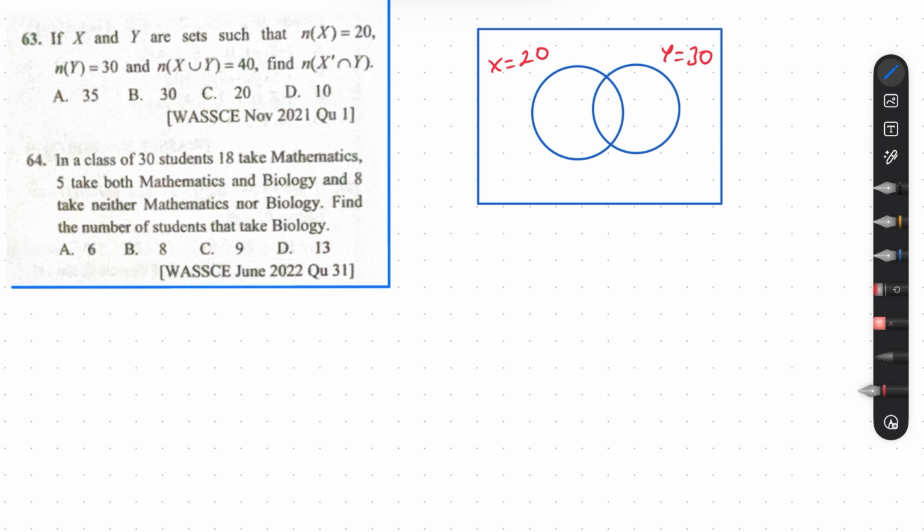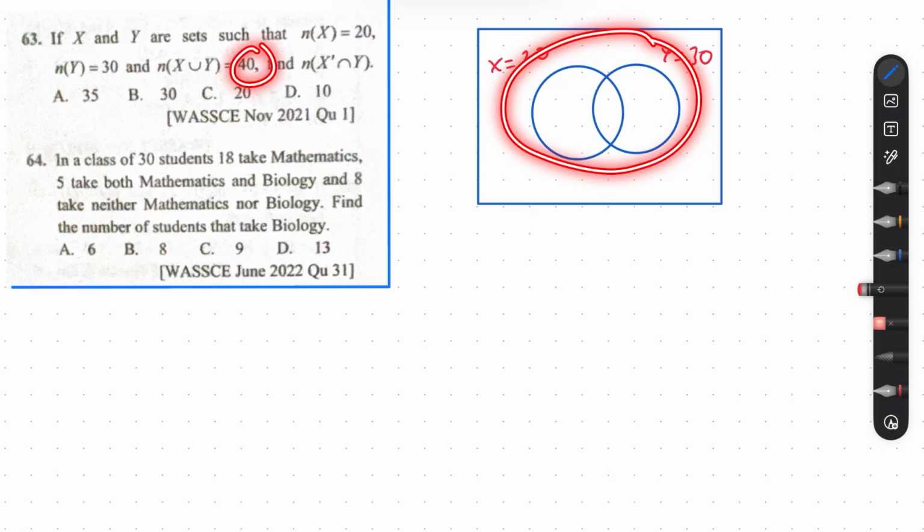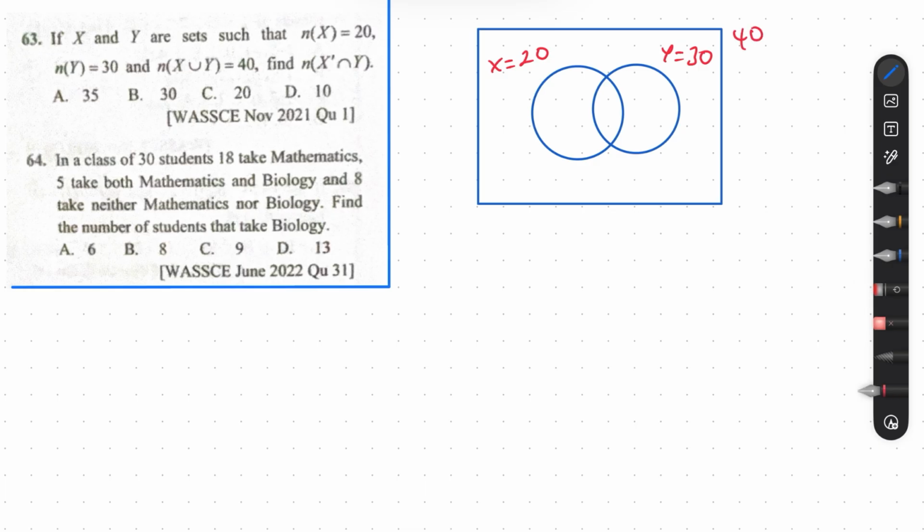And the number for x union y, that means everything together, is 40. So we need to put 40 outside the Venn diagram. That means everything in the Venn diagram should add up to 40.